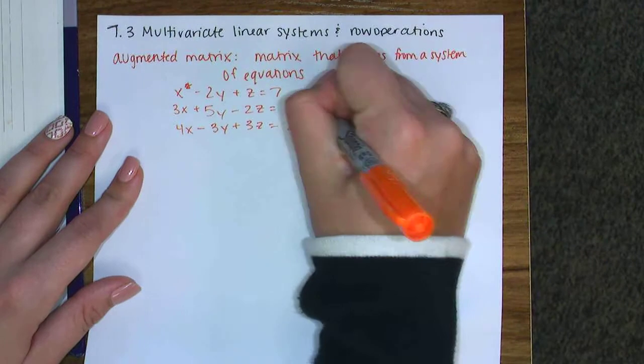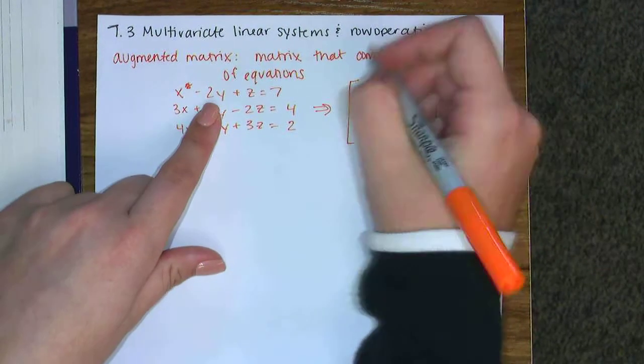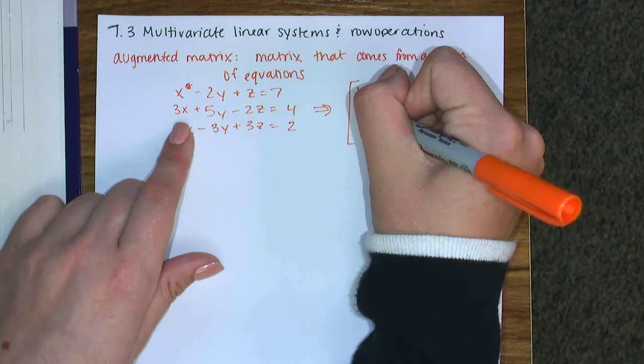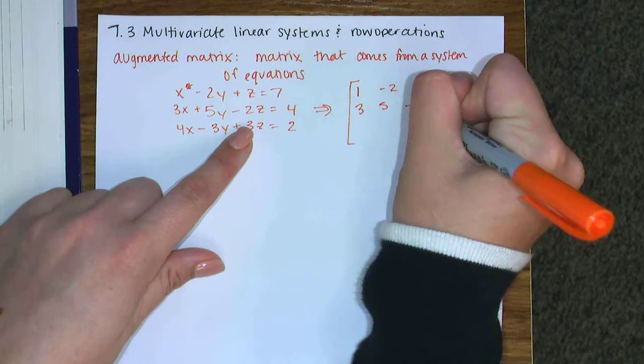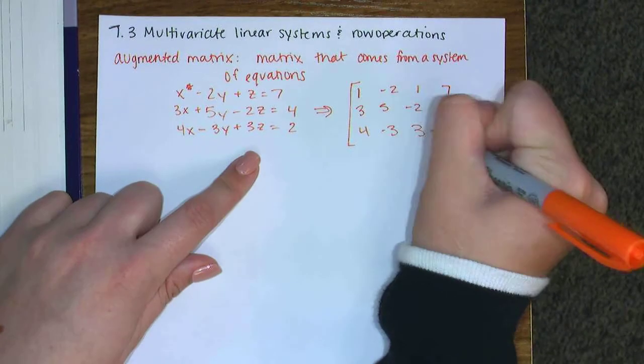The matrix that comes out of that would just be, it comes across with the numbers that are in front: 1, negative 2, 1, 7, 3, 5, negative 2, 4, 4, negative 3, 3, and 2.